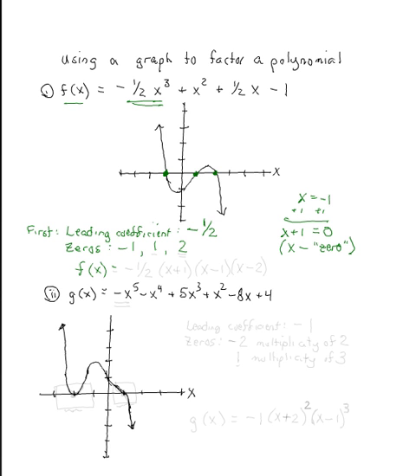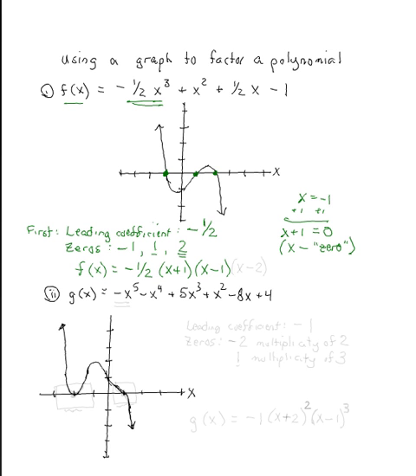f of x would be equal to, first, the negative 1/2. That comes from our leading coefficient. We have 3 zeros, we will have 3 factors. From the x minus a negative 1, we get our x plus 1. From our 0, x equals 1, I would have the factor x minus 1.